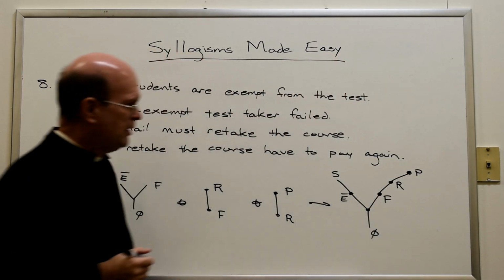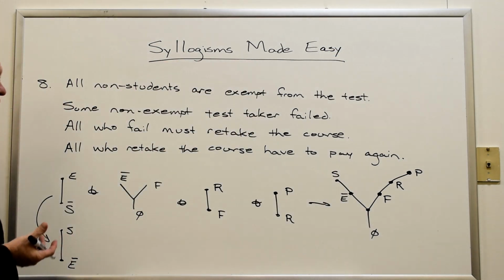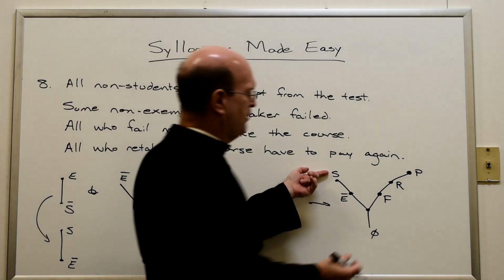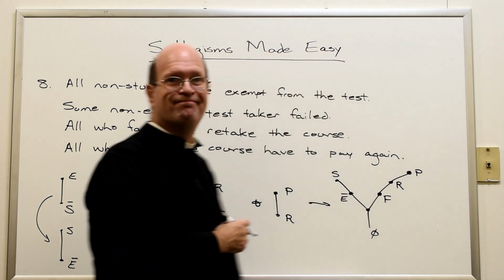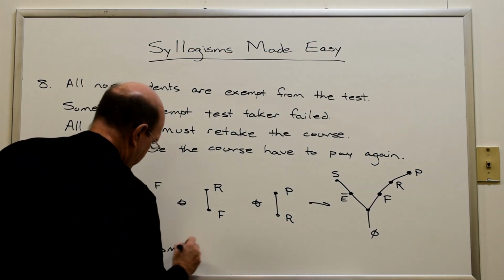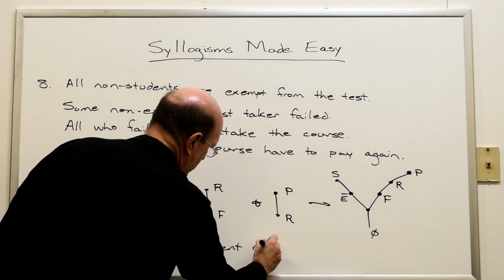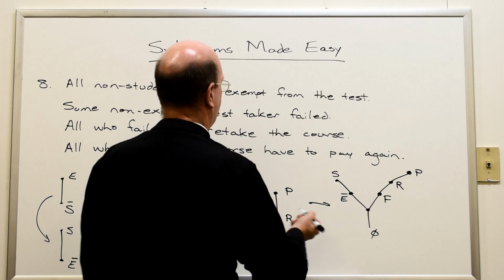And so what I can see by this, and again, try doing this in Venn diagrams, what I can see is that some student has to pay again. Therefore, some student must repay, must pay again.